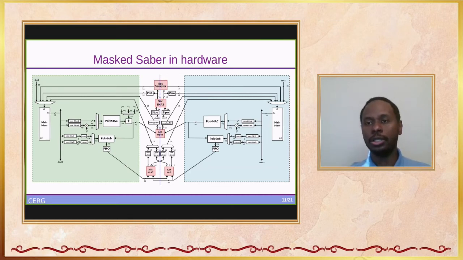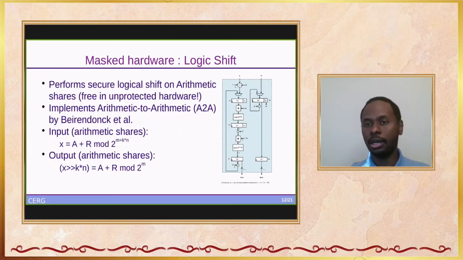So here I'll briefly discuss some of the major units we used in the masked hardware. For example, this is the logic shift unit. In Saber, compression is done by dropping bits of the polynomial coefficients. So basically, this operation is free in unprotected hardware because you just discard the bits.